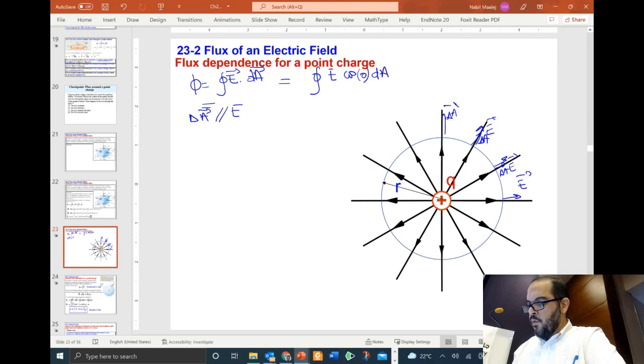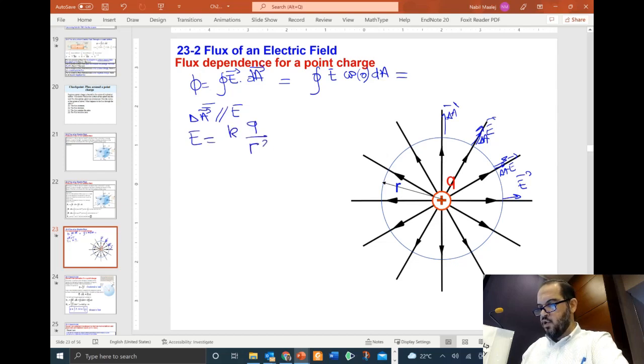So, what is the electric field at a distance r from a point charge? We already know that from Coulomb's law: the electric field is just kq divided by r squared. So the flux is going to be the integral of kq divided by r squared, dA over the closed surface.